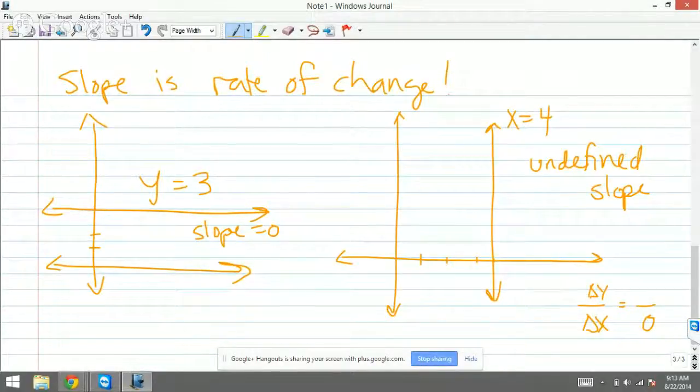The x doesn't change, so we're dividing by 0. That's why it's undefined slope. That's a code word for change. It's the Greek letter delta. You learned epsilon earlier this week. Now you've learned delta. We're getting through the Greek alphabet here. Alpha, beta, etc. But it means change in. So anytime you see that, you can probably assume it.